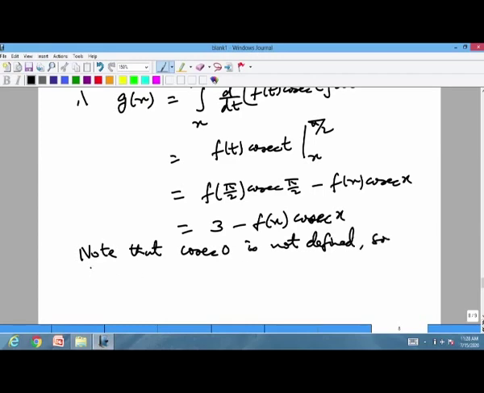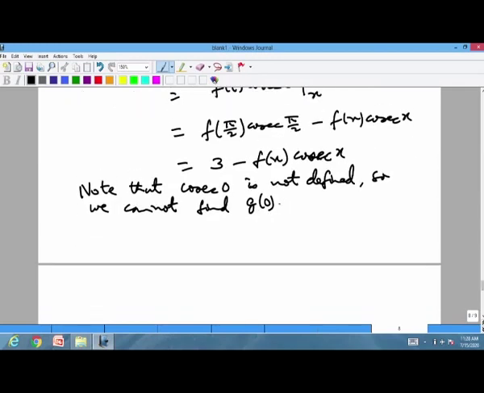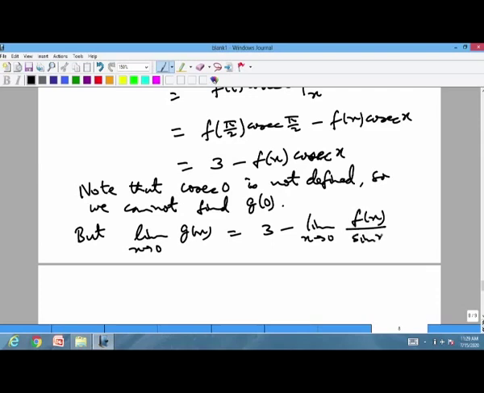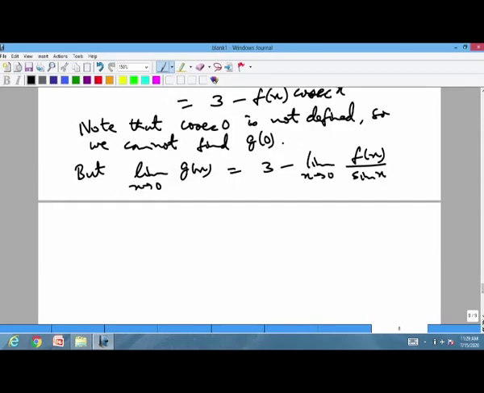So, we cannot find g of 0, but we can try to find the limit. The limit of g of x as x approaches 0 is equal to 3 minus the limit as x approaches 0 of f x times cosec x, which I can write as f x by sin x. So, now we have this in 0 by 0 form.